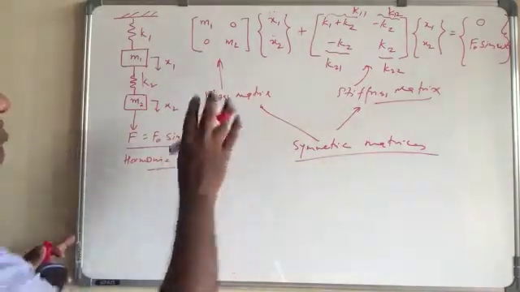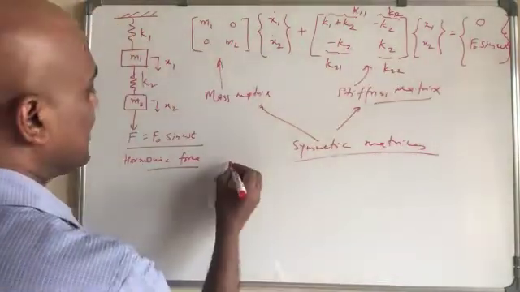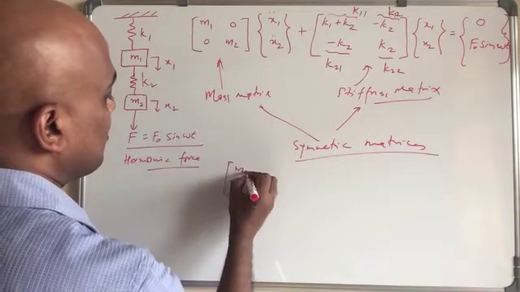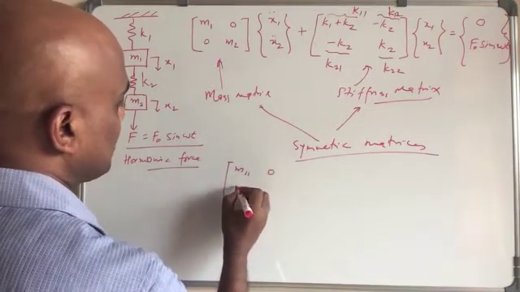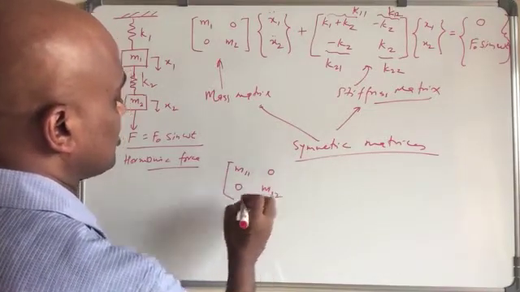But right now, what I mean to say is, the same equation, we can just write it as [M11 0; 0 M22].